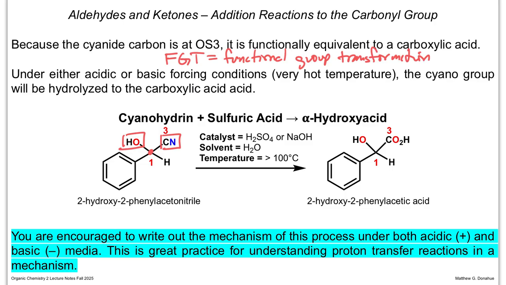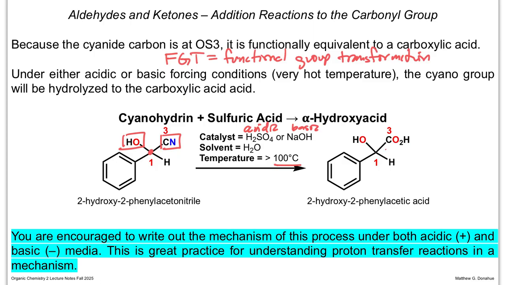When treated under really strongly acidic, so sulfuric acid or sodium hydroxide, either one. So either acidic or basic conditions at pretty high temperatures will hydrolyze the nitrile to an acid. And so that then produces an alpha hydroxy acid.